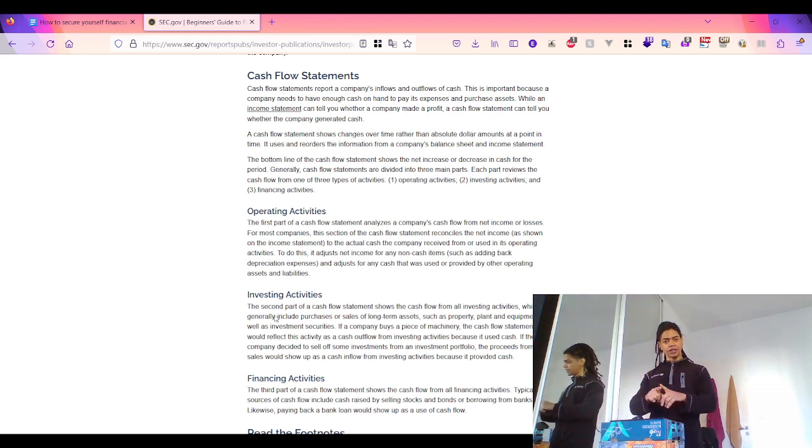Operating activities, the first part of the cash flow statement, involve looking at the net income from the income statement and reconciling that with the total amount of cash that was used or received from other operating activities. The most common operating activities are operating assets and operating liabilities.